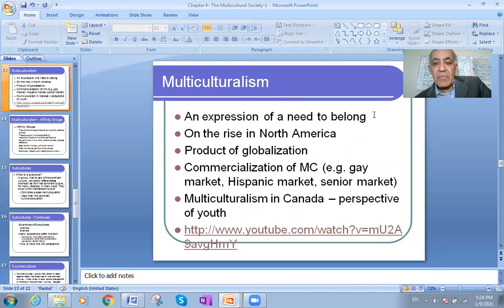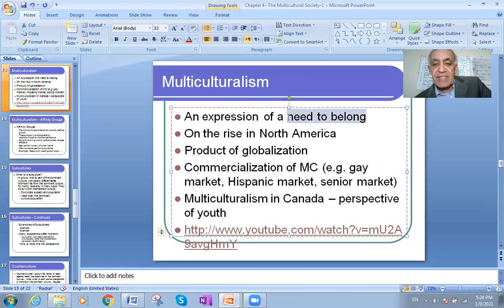Any culture has the need of belonging. Today we live in a world that we call the village, which is globalization, meaning the world has become like a small village.